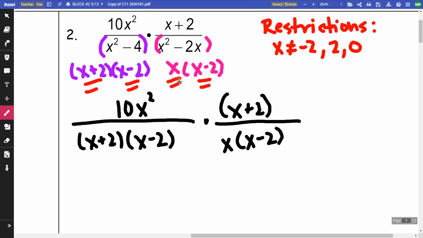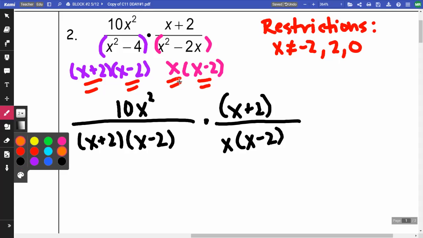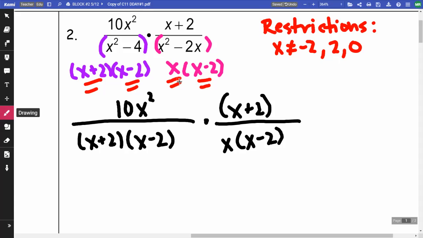So now we are going to simplify. Okay. And so when I'm simplifying this, I want to see if there's something that I can simplify top and bottom, make ones basically. So in this case, this x plus 2 and this x plus 2, this x with one of these, so that's just going to be an x, not an x squared anymore.